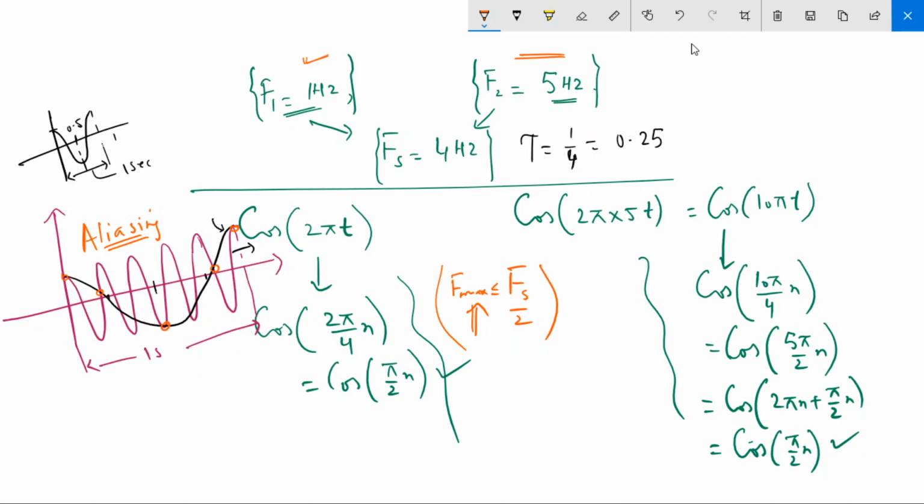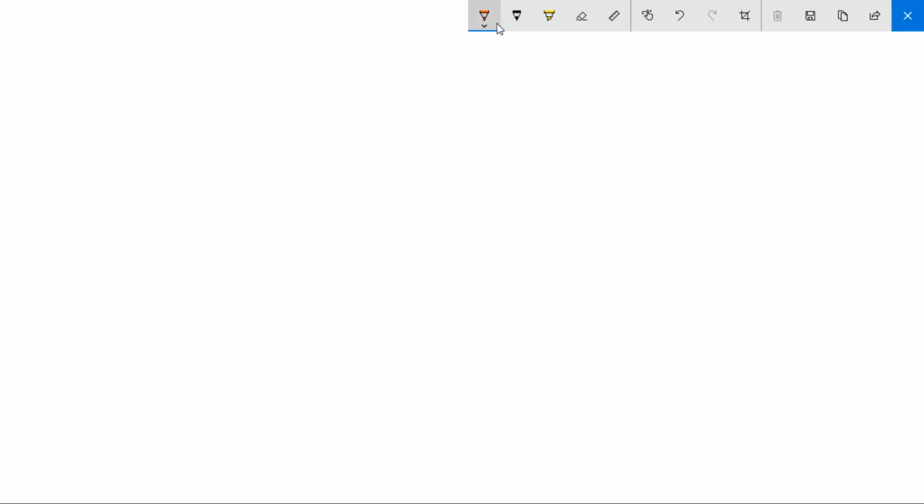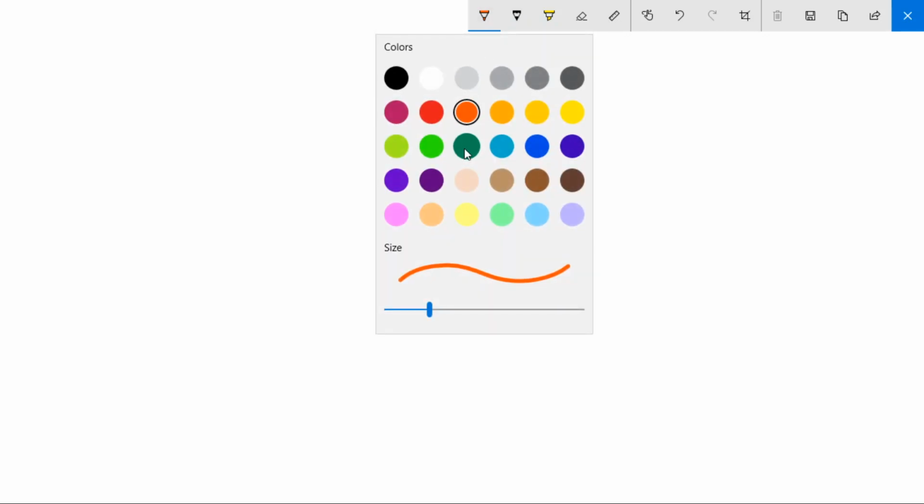And one more important thing you sometimes encounter is when you sample exactly at the Nyquist rate. Let us suppose you take three signals. One signal has a frequency of 1 hertz, that is 2 pi t.